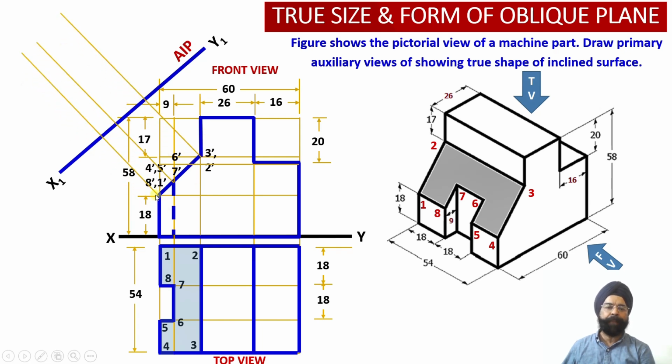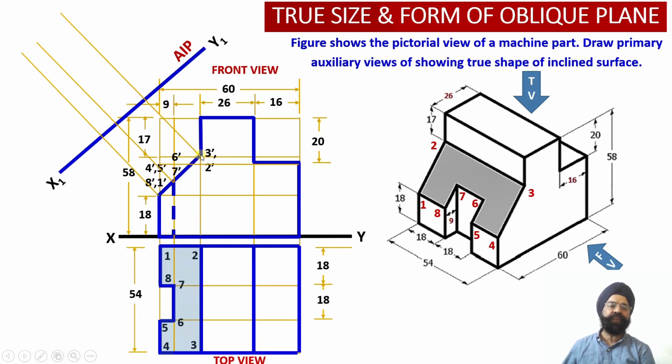Since these points have been clubbed, 4 points lying at this orientation, 2 points at this location, and 2 points over here, we have drawn 3 projector lines perpendicular to the auxiliary inclined plane. The projections of all these 8 points obtained on this AIP will provide us with the true shape of this inclined cut surface section of the solid.